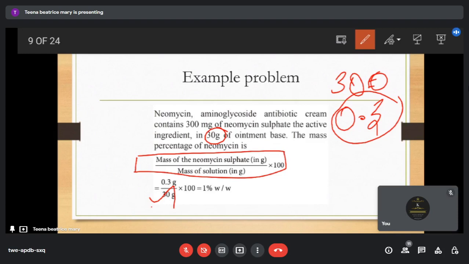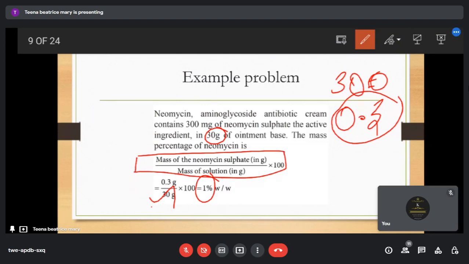So 0.3 gram of neomycin in 30 gram, divided by 30 into 100. Finally you will be getting 1%. That is the mass percentage of neomycin. So 1% of neomycin sulfate is mixed in it.